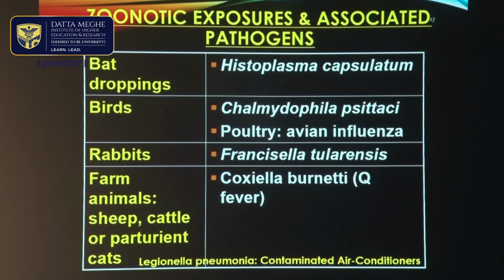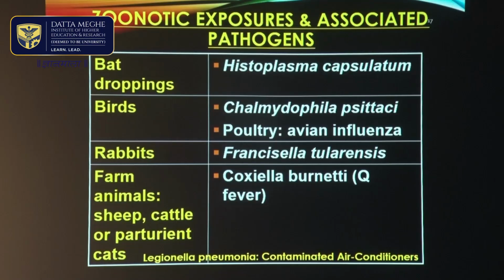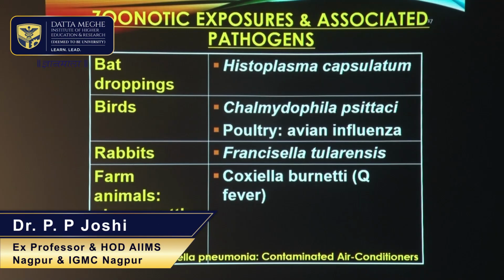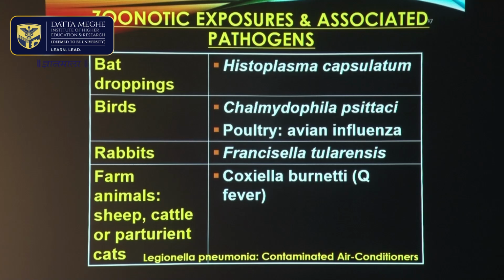From birds, we can also develop avian influenza, in those who are exposed to poultry. People who are exposed to rabbits can develop infection by Francisella tularensis, and people who are exposed to farm animals like sheep, cattle, or parturient cats can more commonly get pneumonia due to Coxiella burnetii, or Q fever.